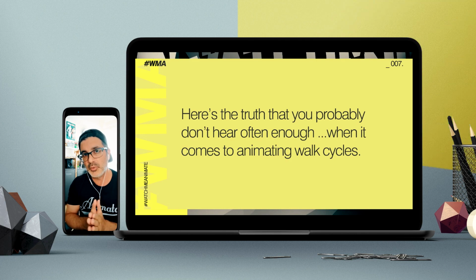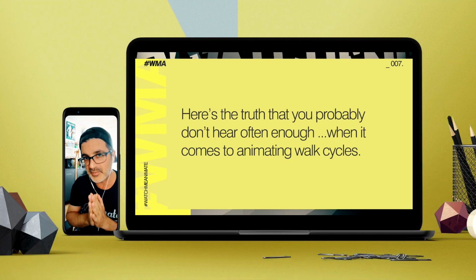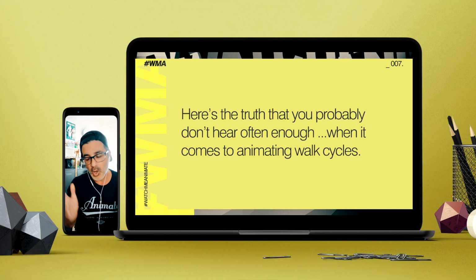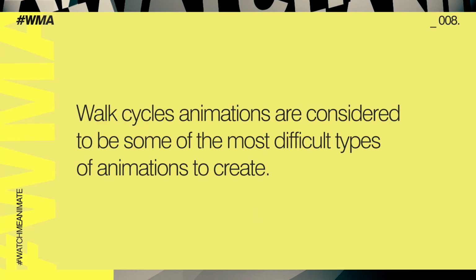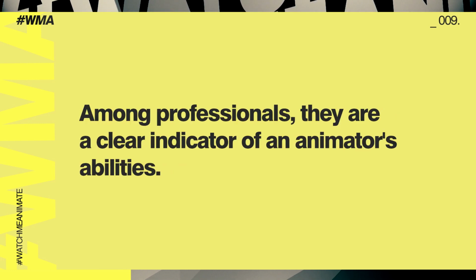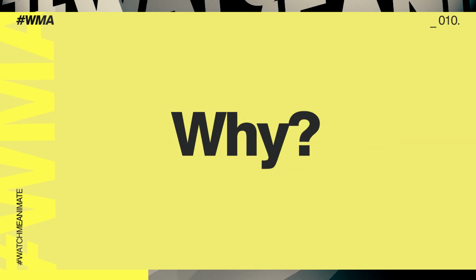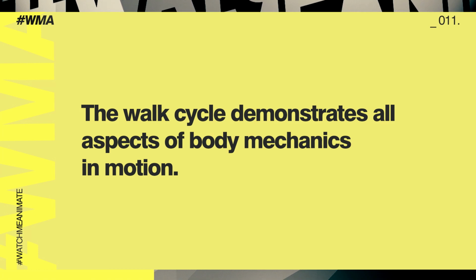So here's the truth that you probably don't hear often enough when it comes to animating walk cycles. You see, walk cycle animations are considered to be some of the most difficult types of animations to create. Let me explain. Among professionals, they are a clear indicator of an animator's abilities. Why? Because the walk cycle demonstrates all aspects of body mechanics in motion.